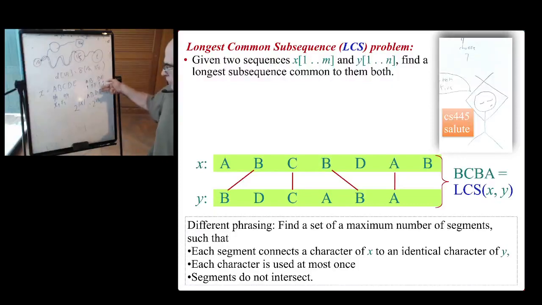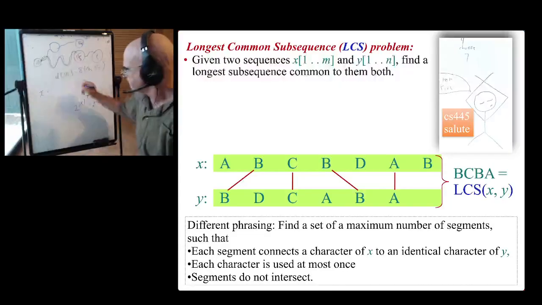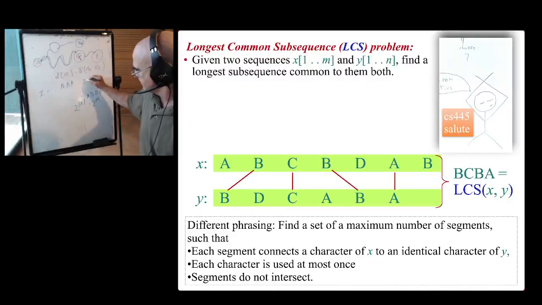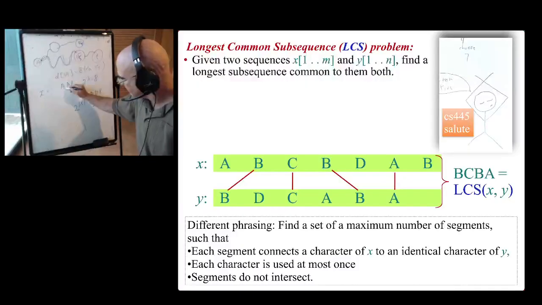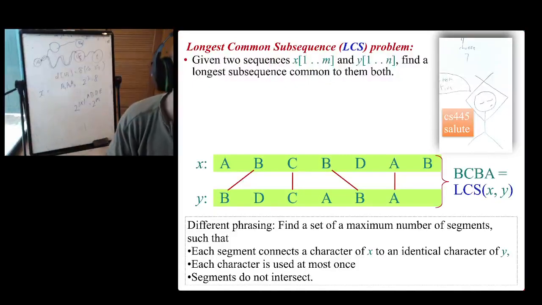And I do call two sequences different if they came from different characters. There is a possible confusion here. For this sequence, I'll still think that the number of subsequences is 2 to the 3, which is 8, because I still think about A1, A2, and A3 as different characters.